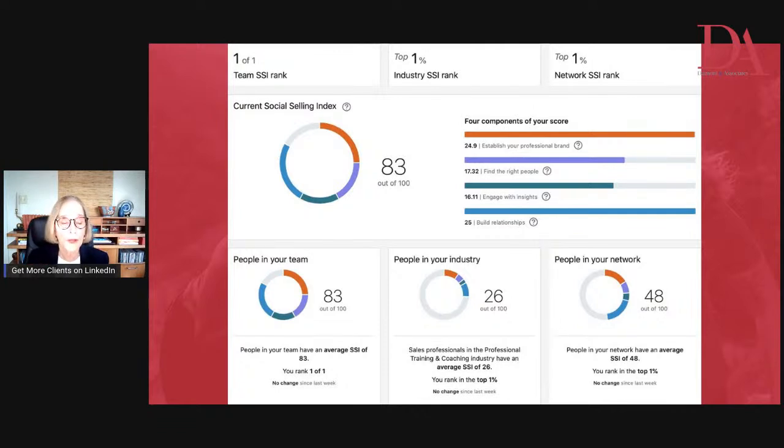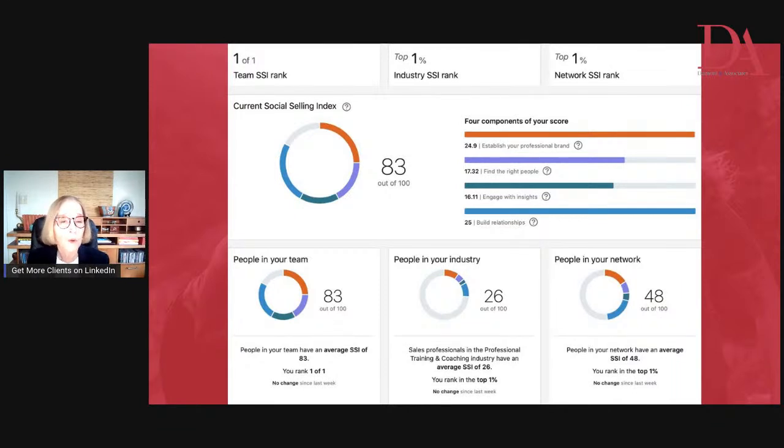Now, here's the percentages, how LinkedIn breaks it down. In order to really be effectively doing social selling, you have to be over 40%. Anything below that they look at as really lacking in some of the areas.